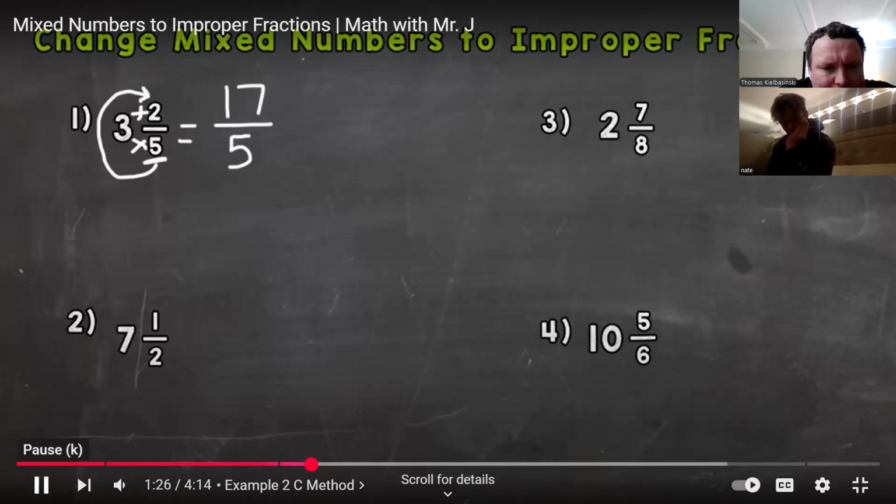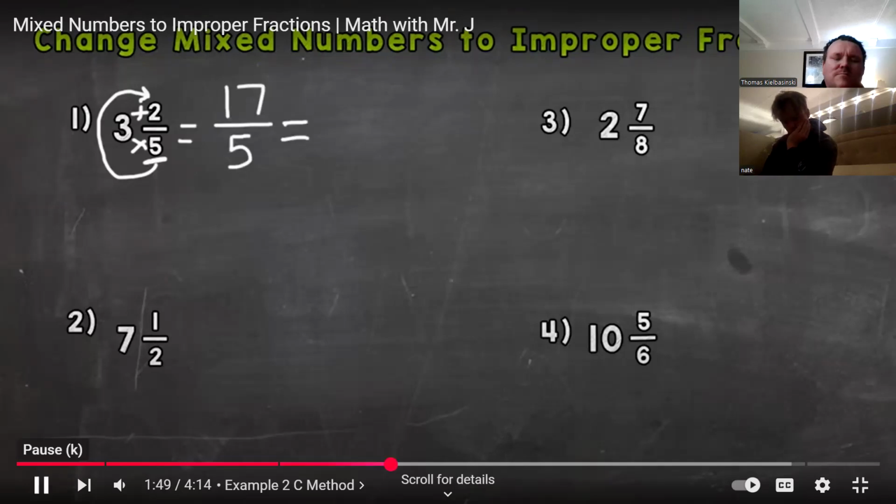Both of those, the mixed number and improper fraction, hold the same value. We just changed the form. Now we should be able to go back to a mixed number and get the same thing. To get back to a mixed number, we do 17 divided by 5, the numerator divided by the denominator. How many whole groups of 5 can we pull out of 17?